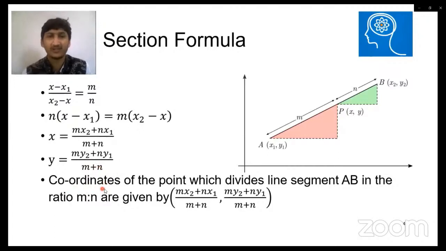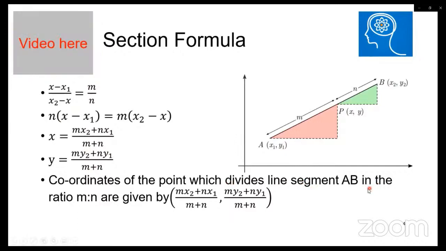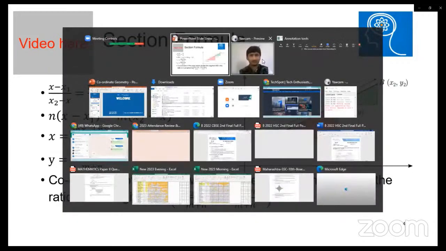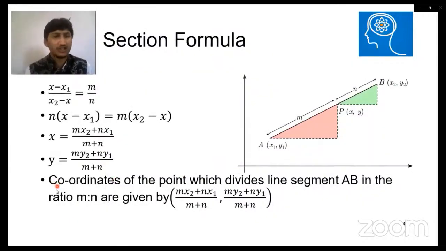So if we want to find out the coordinates of the point which divides the line segment AB in the ratio m:n, they are given by mx2 plus nx1 upon m plus n, that is the x coordinate, my2 plus ny1 upon m plus n, that is the y coordinate.